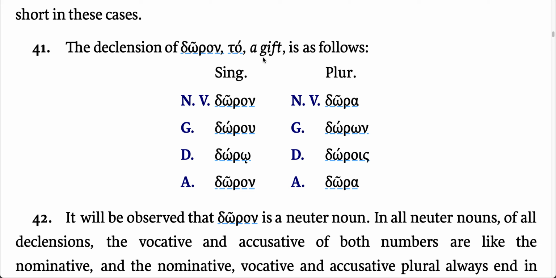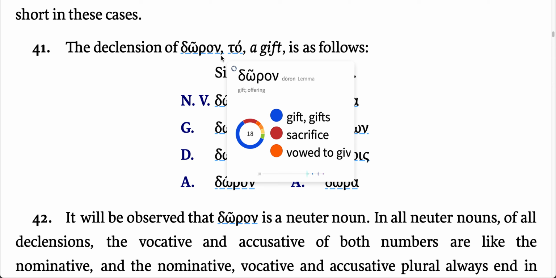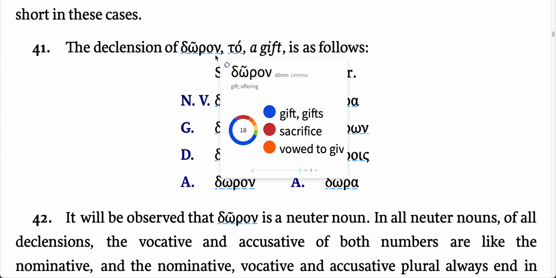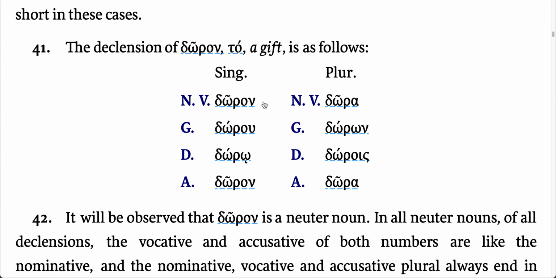So you translate this word by a gift. But notice the paradigm is different. You still have the stem, but notice that the nominative singular form is not omicron sigma, it's omicron nu. It's that way because it's a neuter noun designated by that article. So this is a separate paradigm.